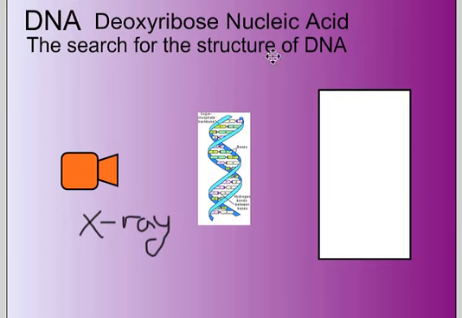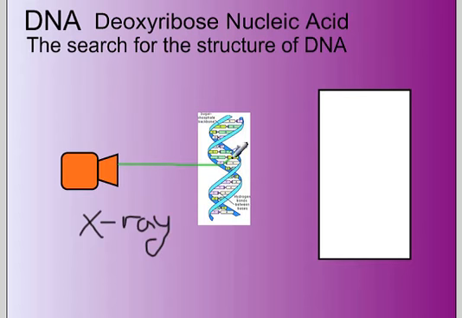So it turns out that this sucker kind of lets X-rays go through it, but it makes the X-rays bounce in a funny way, and that's diffraction. I don't know if you remember this from physics, but here's the basic idea. Let's take our X-ray and shoot it, and it hits this little pink nucleotide right here.